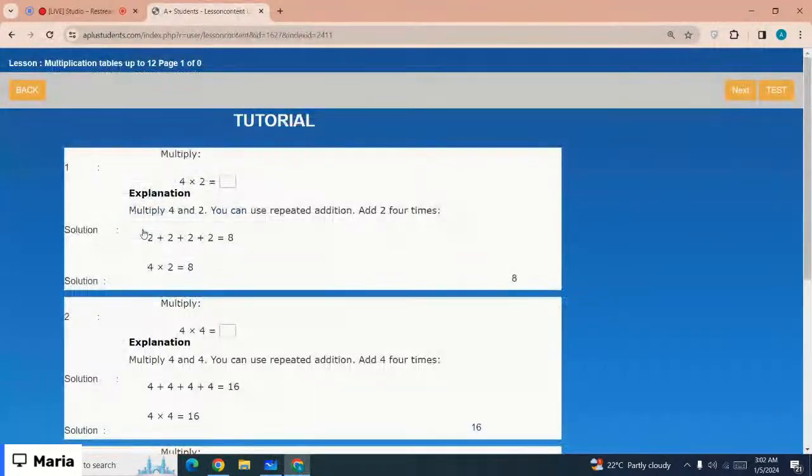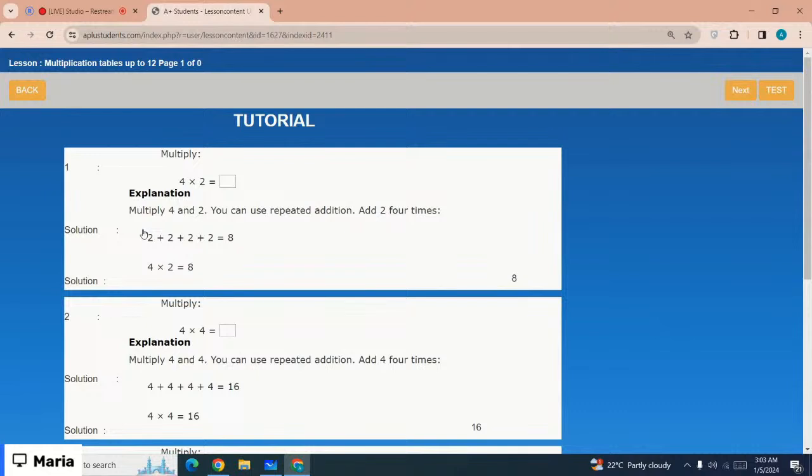As in every session I say, if you are still not good with multiplication tables, try to do them now, because it's never too late. So start working on the tables. Tables are very, very important if you need to be perfect with multiplication and division, because multiplication and division are interrelated. If you are perfect with multiplication tables, that means you are perfect with division also. So let's just start with the lesson.